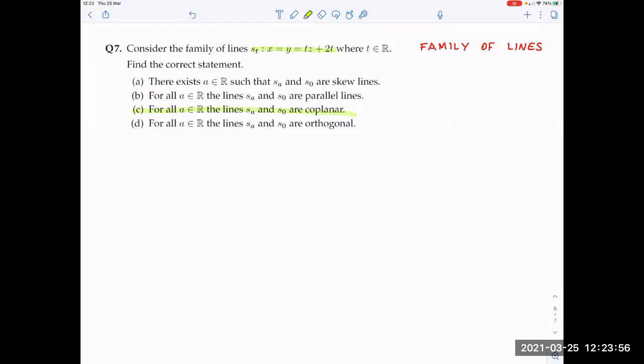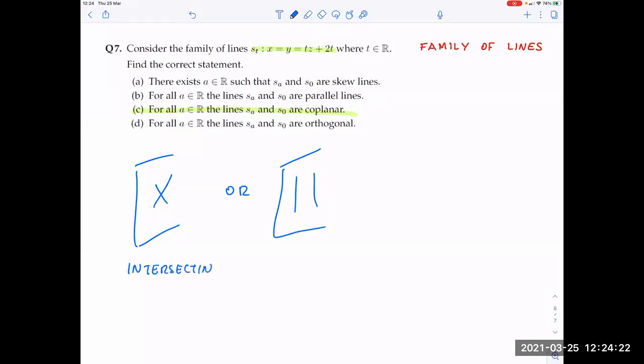Okay, so to have coplanar lines, what do we need to have? We need to have either they are intersecting, or to be coplanar, they are parallel. Okay, so intersecting or parallel means coplanar, right?